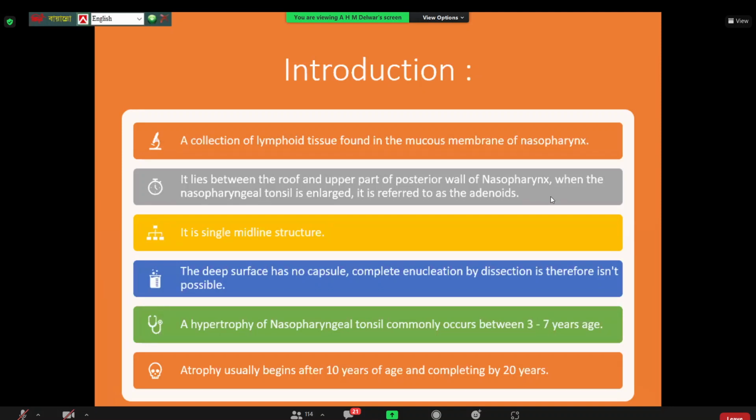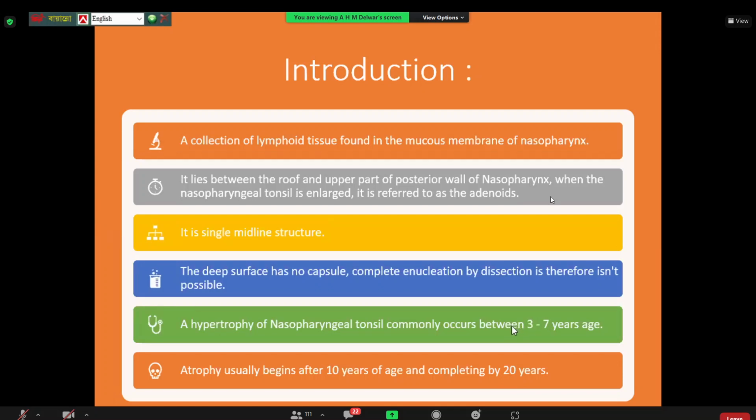Between 3 and 7 years, the question is when it is enlarged. Hypertrophy commonly occurs at 3 to 7 years. Atrophy usually begins after 10 years of age and completes by 20 years. So 3 to 7 years is the most important period for children.